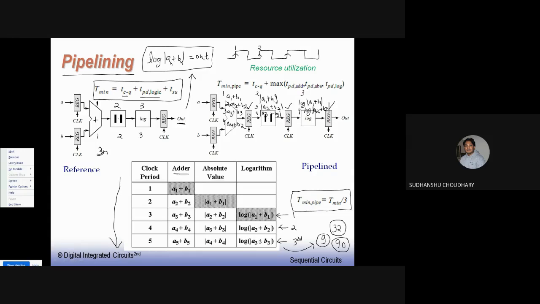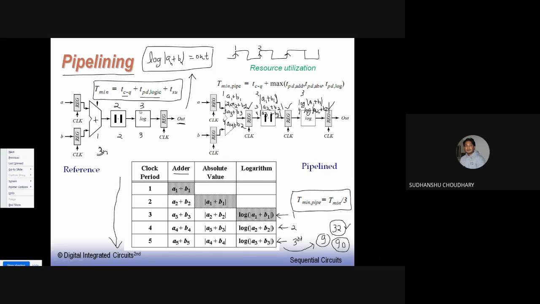So for 30, you just have to add 2 more clock cycles for the final data to come out. So 30 sets of data will take 32 clock cycles to produce the data. That is log of mod of A30 plus B30, which will be available after 32 clock cycles in a pipeline system.